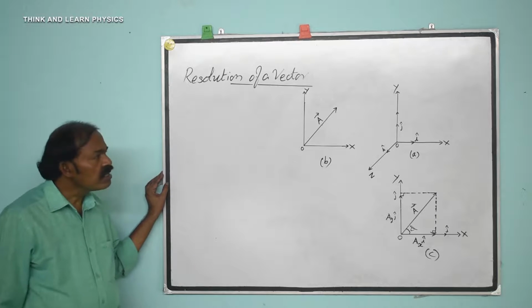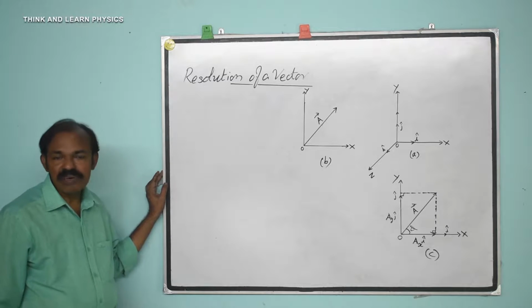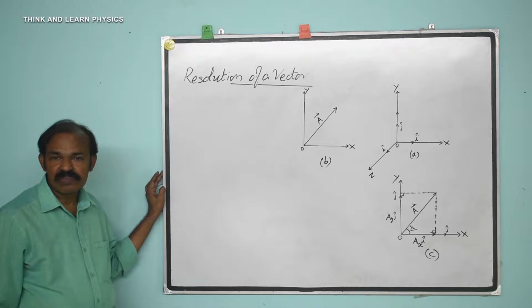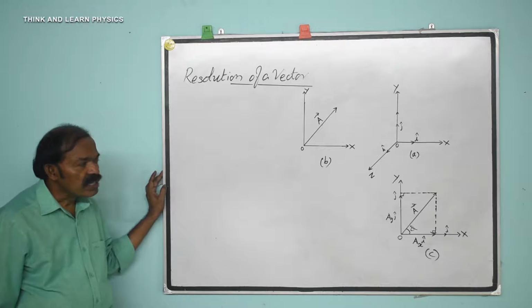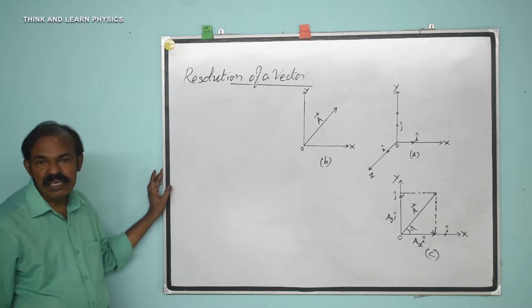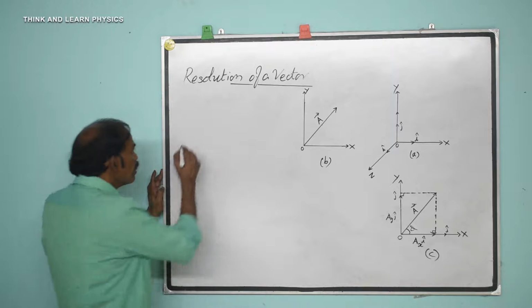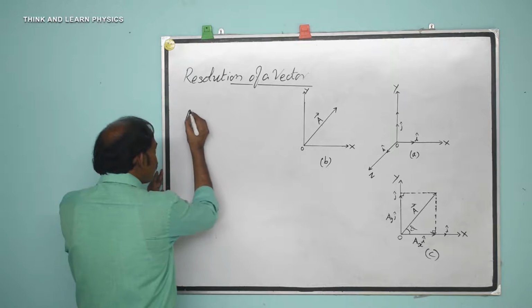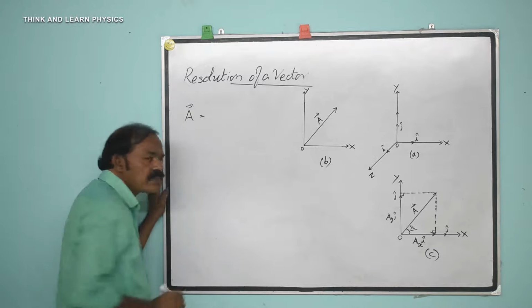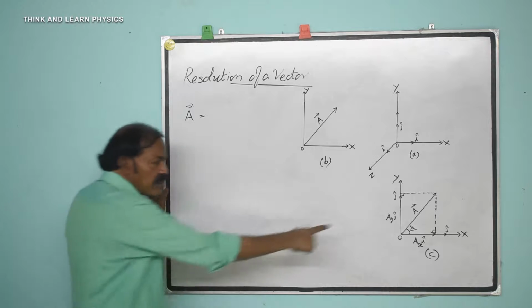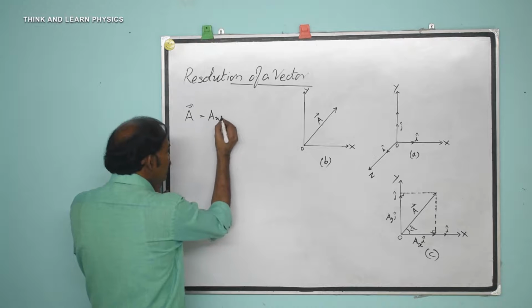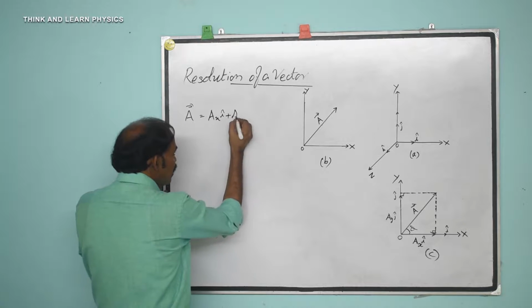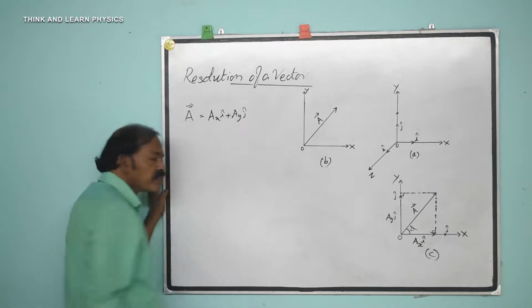Now let us find the sum or difference of two vectors expressed in terms of the rectangular components. As this is the first vector, A vector, this can be expressed in terms of the rectangular components using this figure as Ax into I cap plus Ay into j cap.